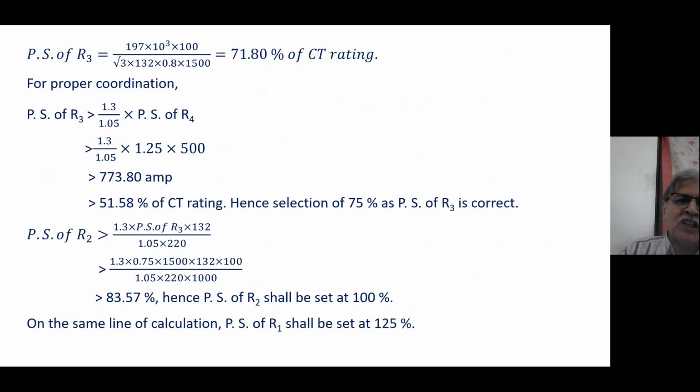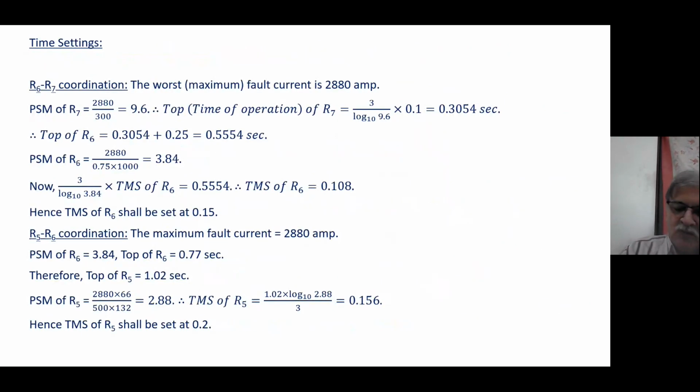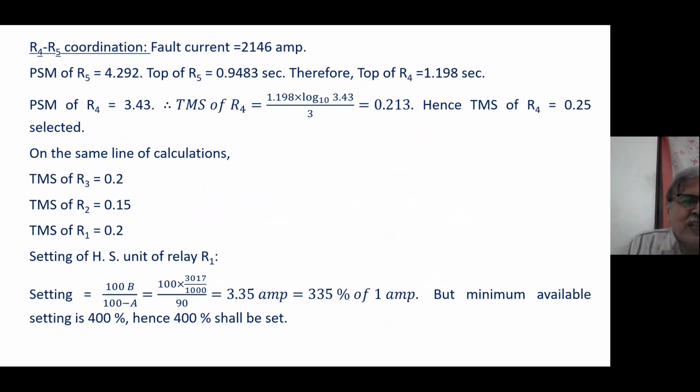Like that, you have to go on changing the fault current based on what you are coordinating, right? So TMS of R3 is 0.2. TMS of R2, R2 R3 coordination, 0.15. R1 R2 coordination is 0.2. So all TMS found out on same lines, right?